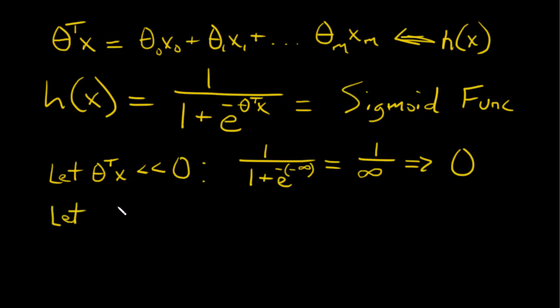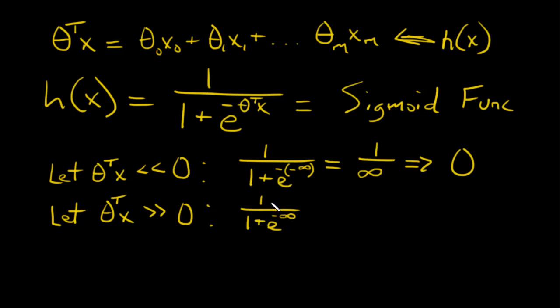But now if I let my theta transpose x value be much greater than 0, in that case I'm going to have 1 over 1 plus e to the negative positive infinity. So theta transpose x is approaching infinity, a very, very large value.